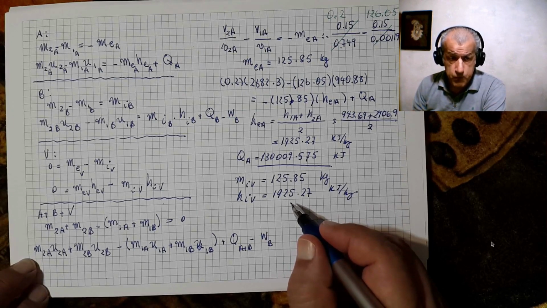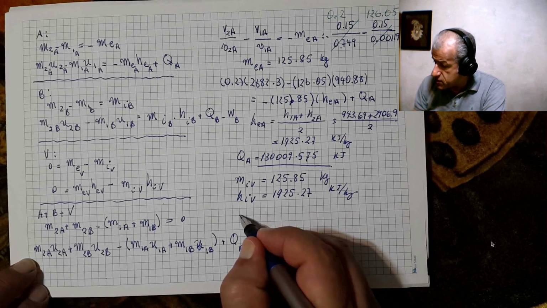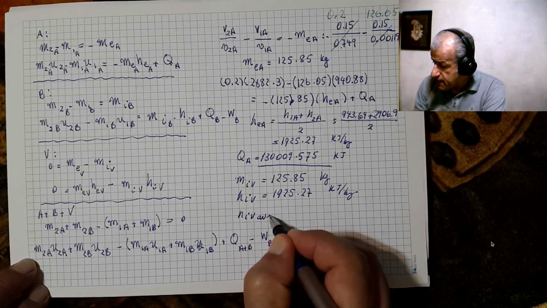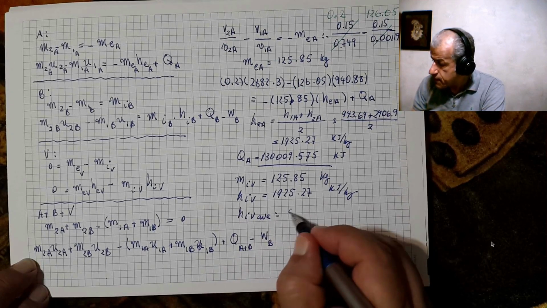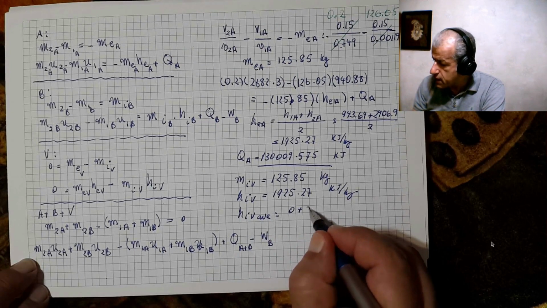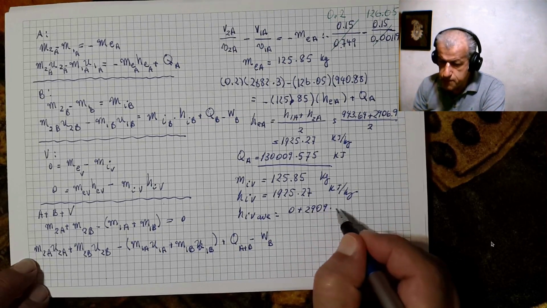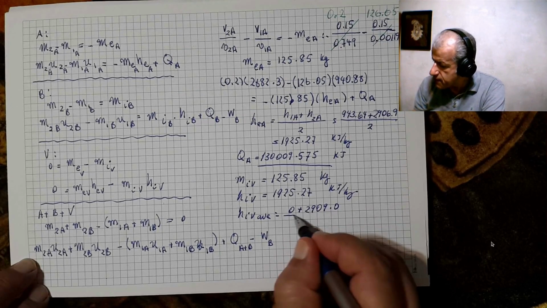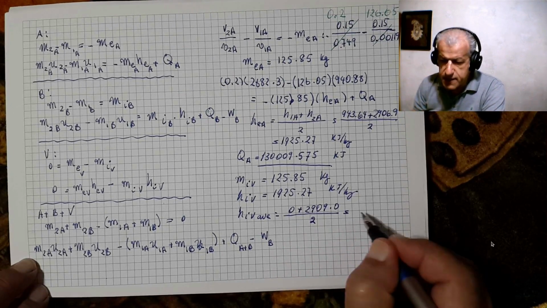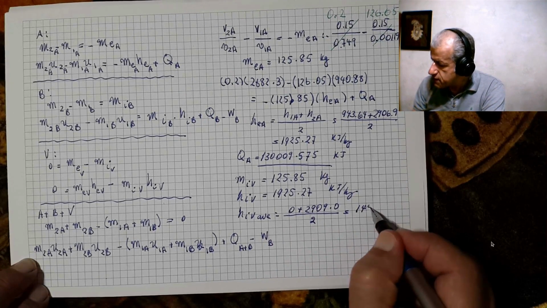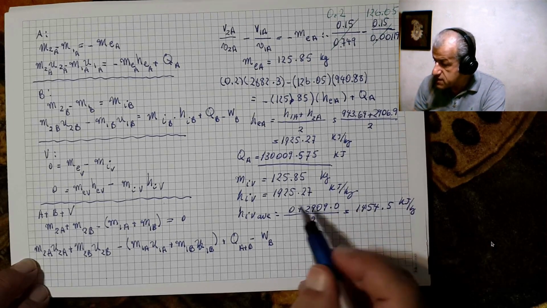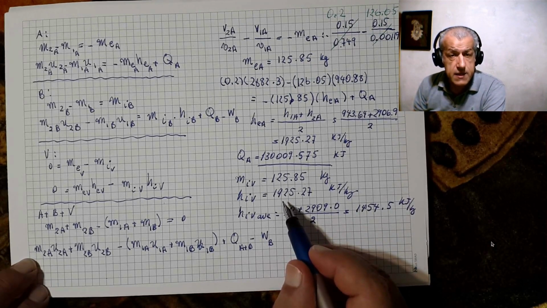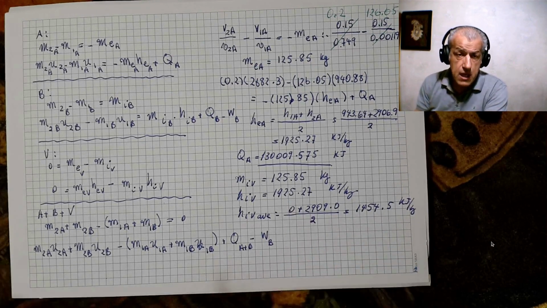So the HIV average would be 0 plus 2909.0 divided by 2, and this would equal 1455.5 kilojoules per kilogram, which is different from this 1925, as they are both assumptions and approximations.